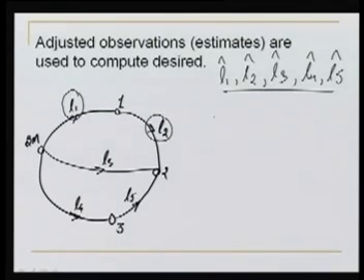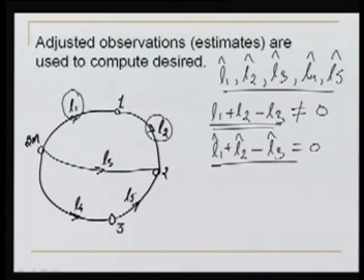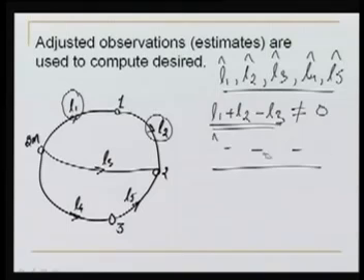If you write, for example, L1 plus L2 minus L3, that will not be equal to 0, we know it, because these are the observations. But for L1 hat plus L2 hat minus L3 hat, that will be equal to 0, because these are the estimates.